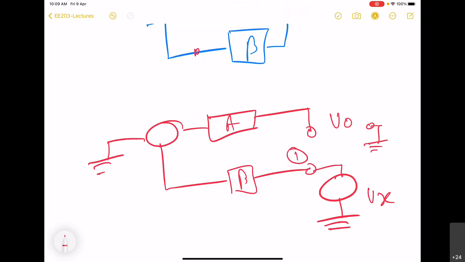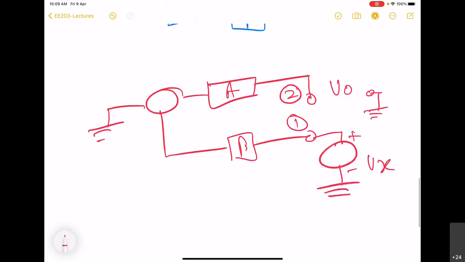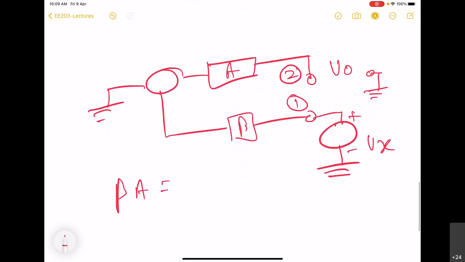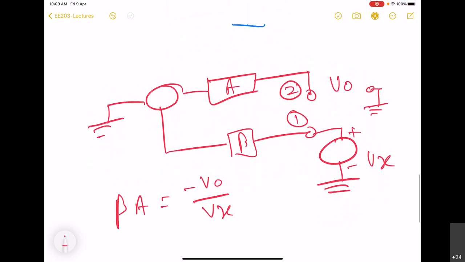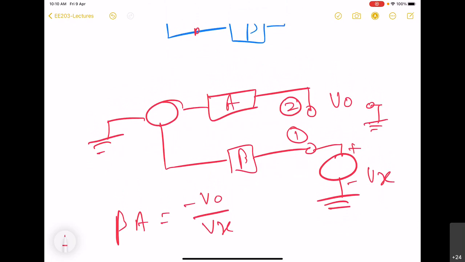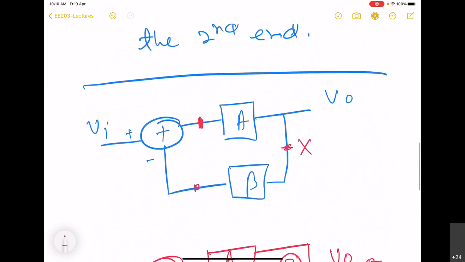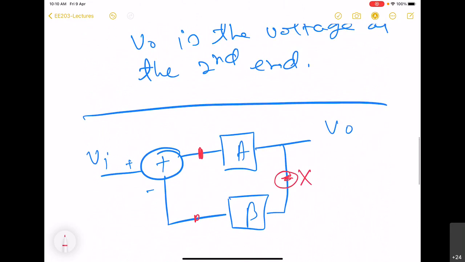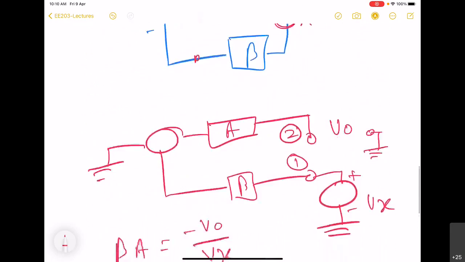So this is the first end, this is the second end of the broken loop. Once we find this VO for the chosen Vx, beta A is going to be minus VO by Vx. But as I pointed out, the location where we break the loop has to be chosen suitably, otherwise there will be a problem.